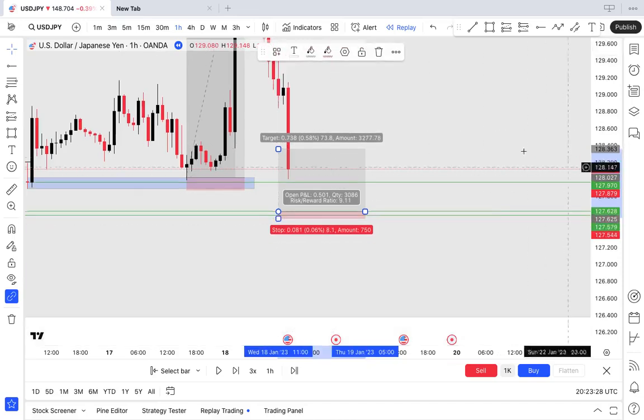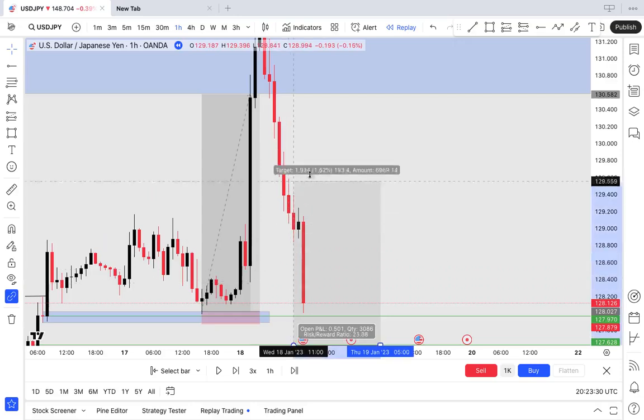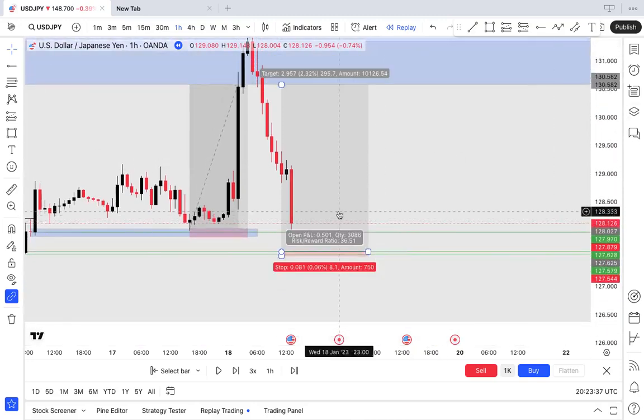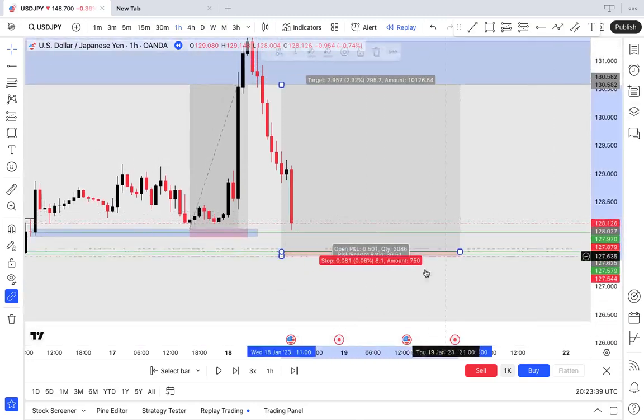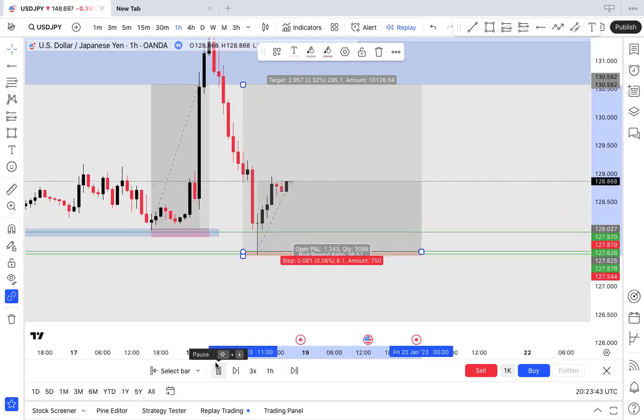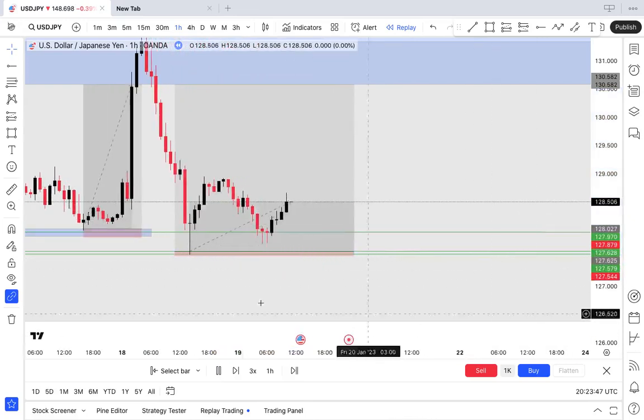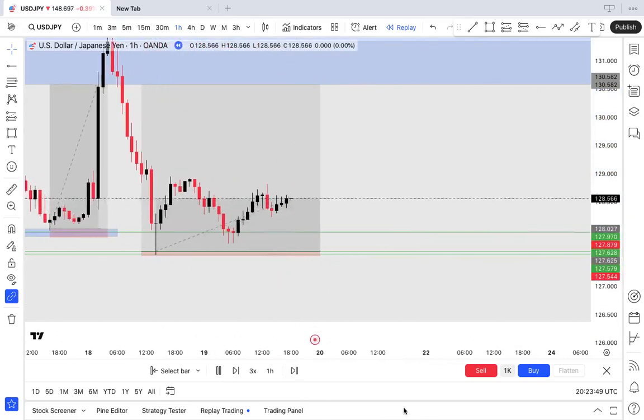Since it was 5, right? You can add those 3 pips, and then yeah, now this one would have been very good. 1 to 36. So it stopped and it moved to TP.